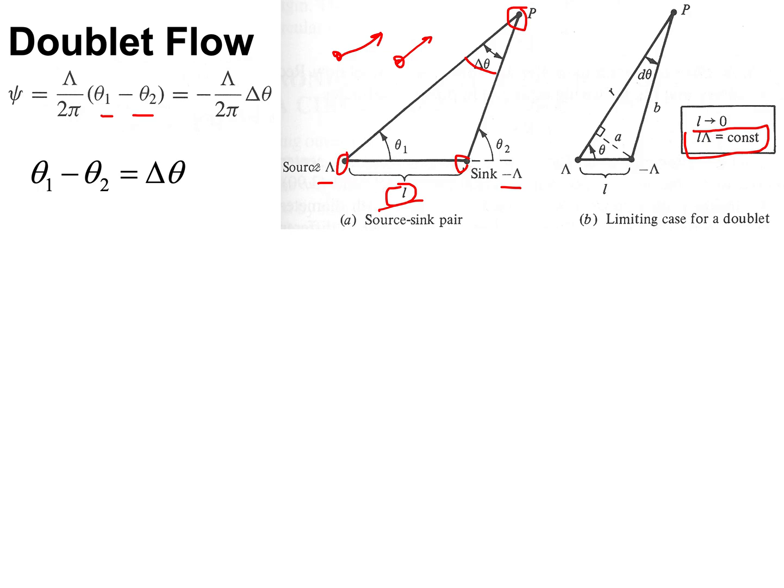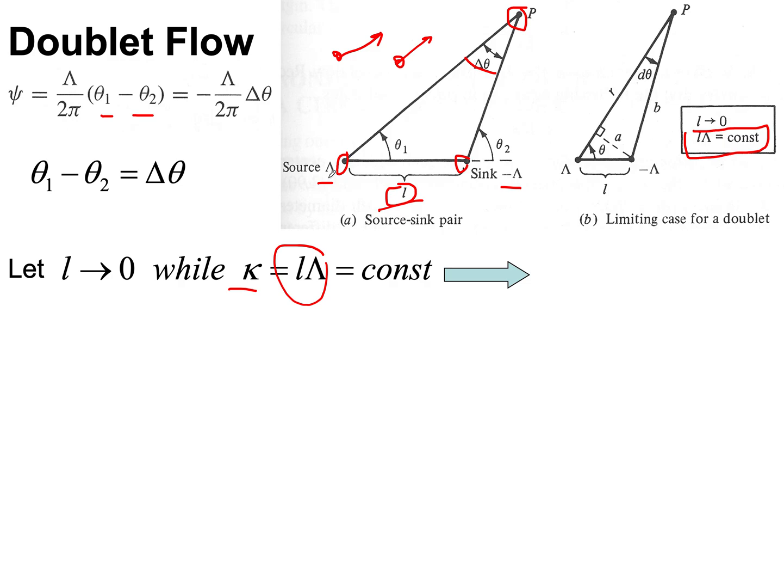That's the definition of a doublet. We're going to define this L times lambda to be kappa, which is the strength of the doublet. The lambda is the strength of the source or the sink, while kappa is the strength of the combined source and sink when they're separated by a distance L equal to 0 or close to 0.